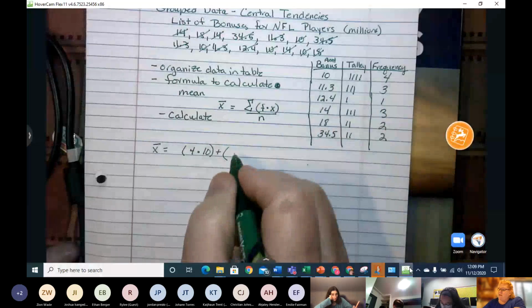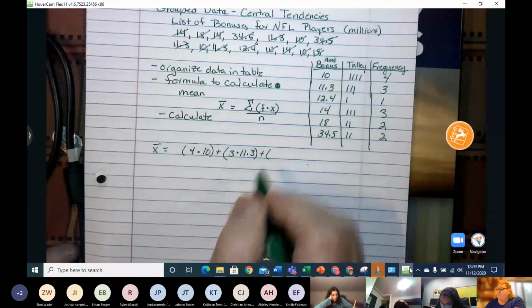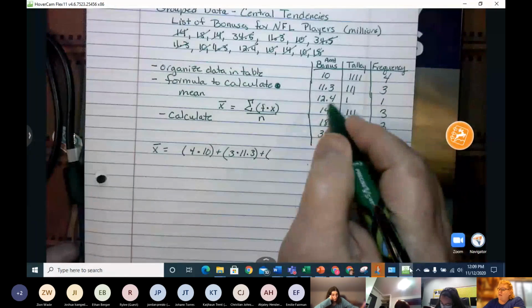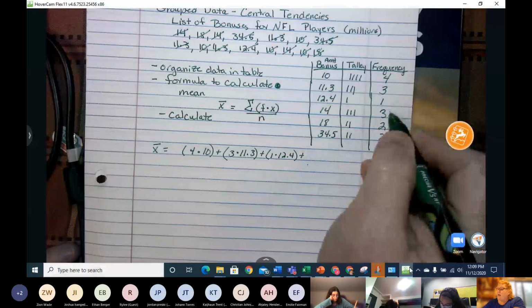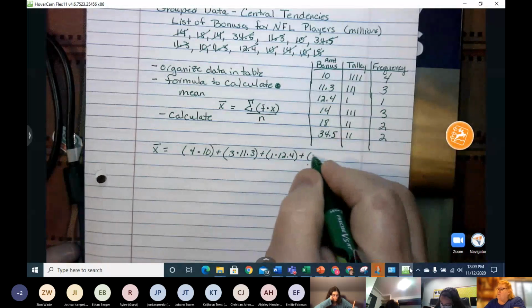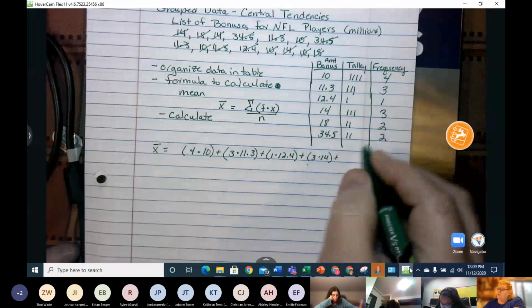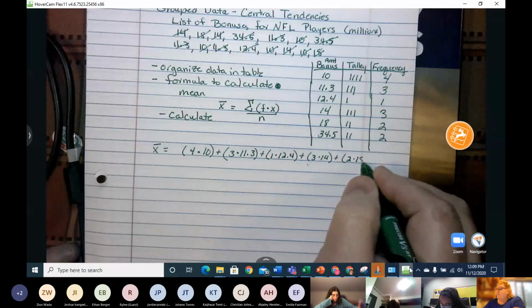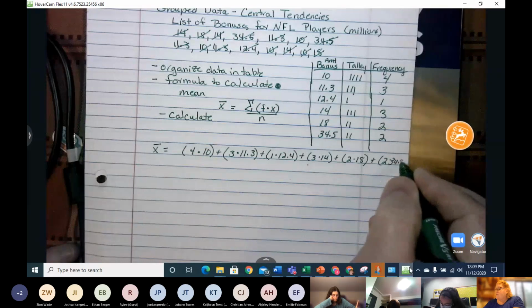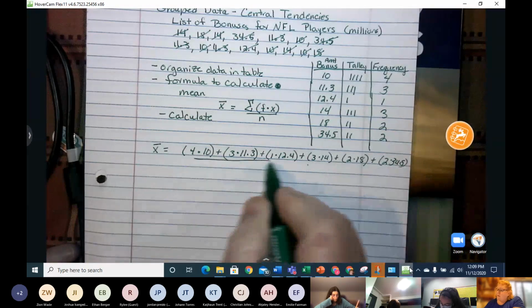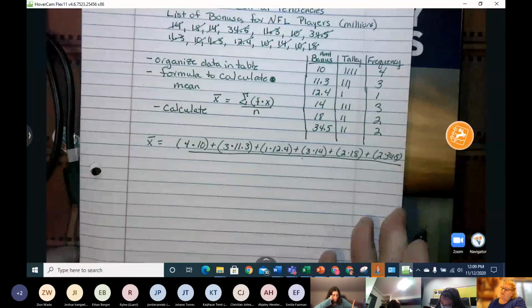So 3 times 11.3 plus 1 times 12.4 plus 3 times 14 plus 2 times 18 plus 2 times 34.5. And all of that is divided by the total number of data values.